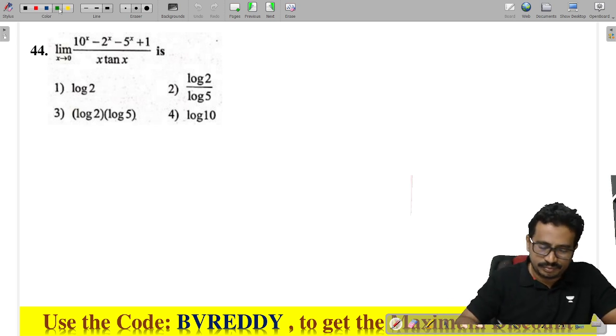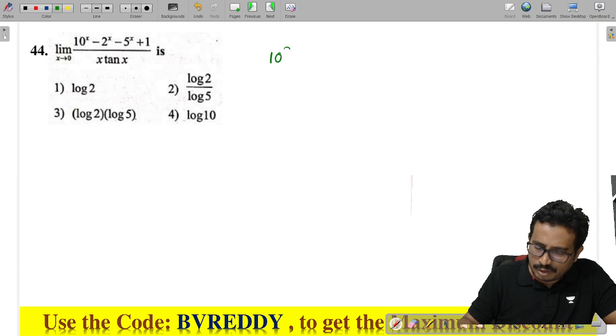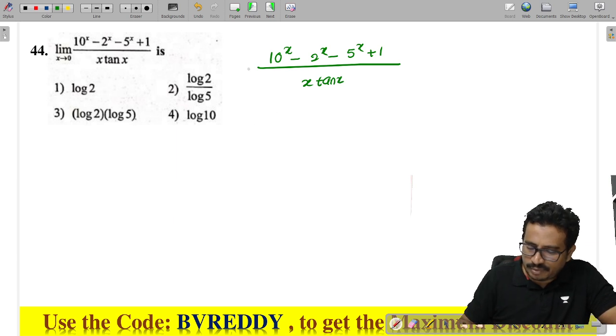Next, here 10 power x minus 2 power x minus 5 power x plus 1 by x into tan x. Now I am taking limit x tends to 0.